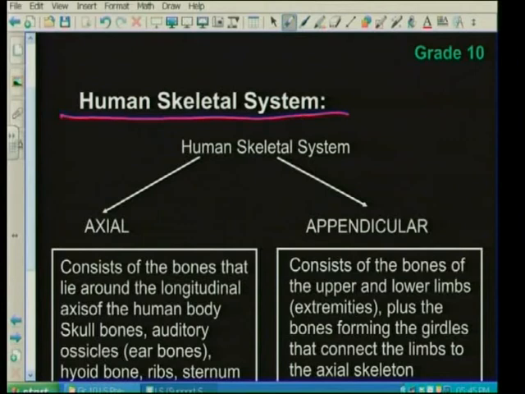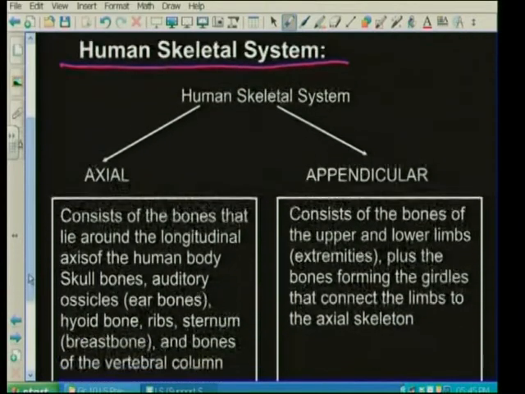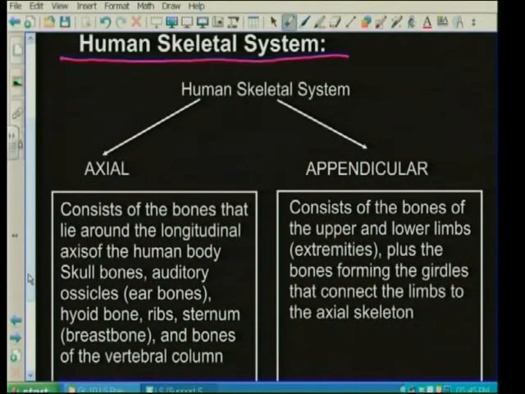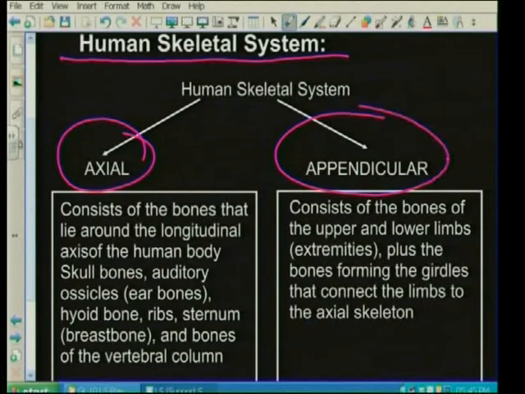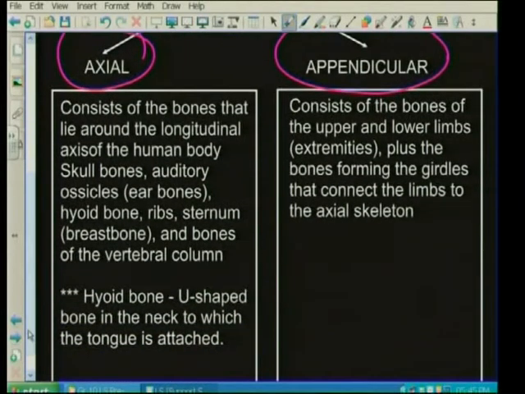When we study the human skeletal system, we notice that the human skeletal system is made up of two major parts: the axial skeleton and the appendicular skeleton. The axial skeleton talks about the bones that lie on the longitudinal axis of the human body.